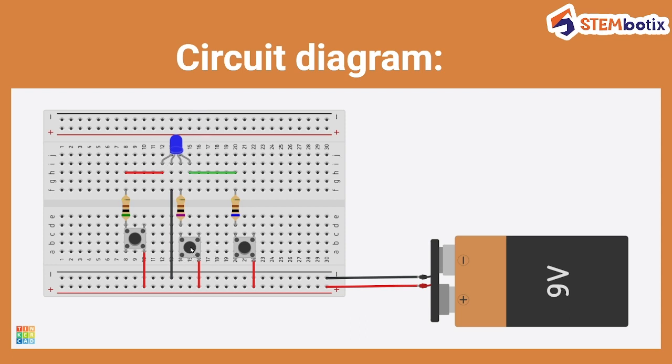Whenever you press this push button, you will see your LED emitting blue light, and whenever you press this push button, your LED will emit green light. So this is how you can see red, green and blue, three different colors in a single LED. So this is the purpose of the RGB LED. They are used in decoration lights, and mostly for decorative purposes.